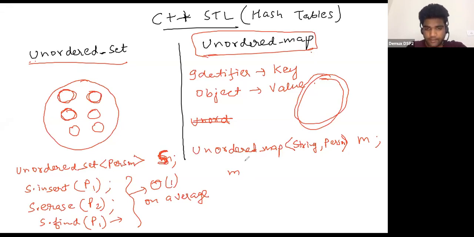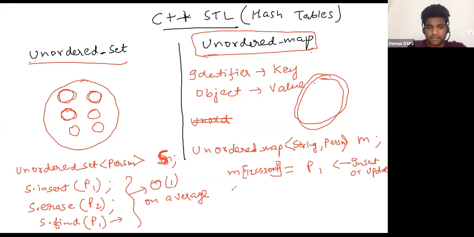You can simply insert by referencing it with the key. So let's say my roll number was 12CS30044. So M of that roll number is assigned some person's object. This is how you can insert or update a particular data.